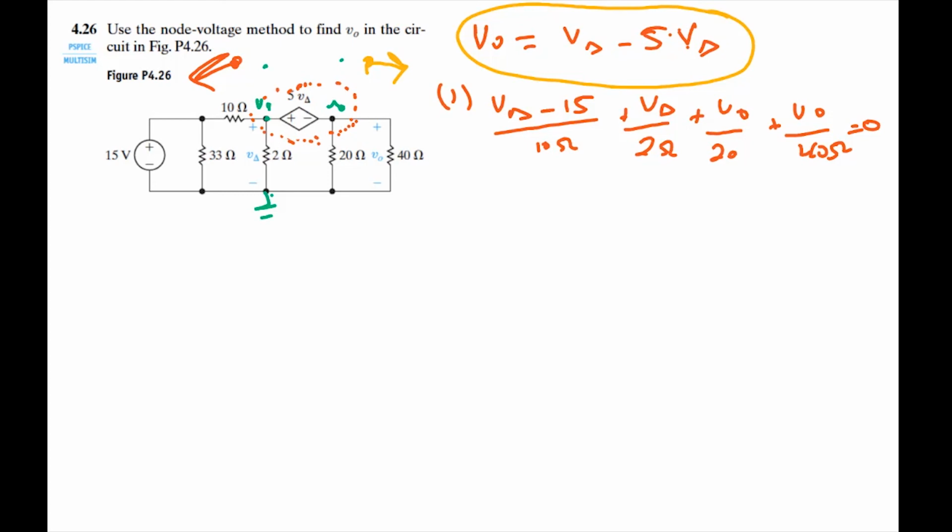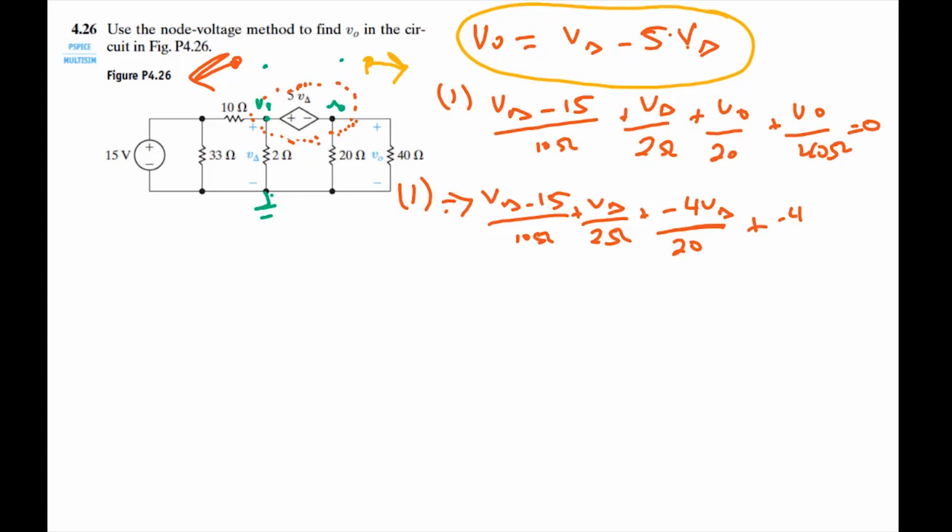So now we're going to rewrite equation 1 to look something like this. That's V delta minus 15 over 10 ohms plus V delta over 2 ohms plus, and we know that V0 is negative 4 V delta, so negative 4 V delta over 20 plus negative 4 V delta over 40 ohms, and set that all equal to 0.